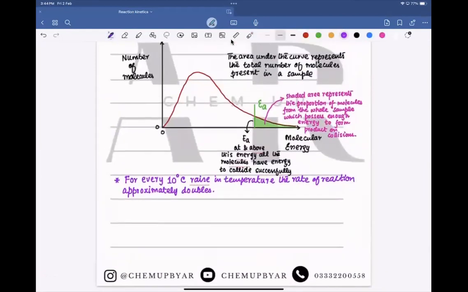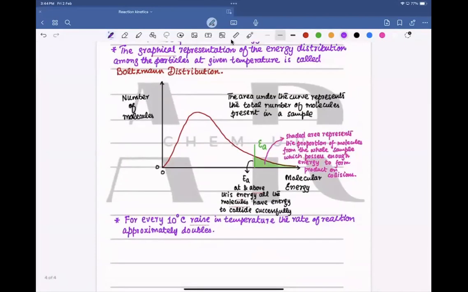Now you have to know that if the temperature is raised, how the shape of this graph will change.